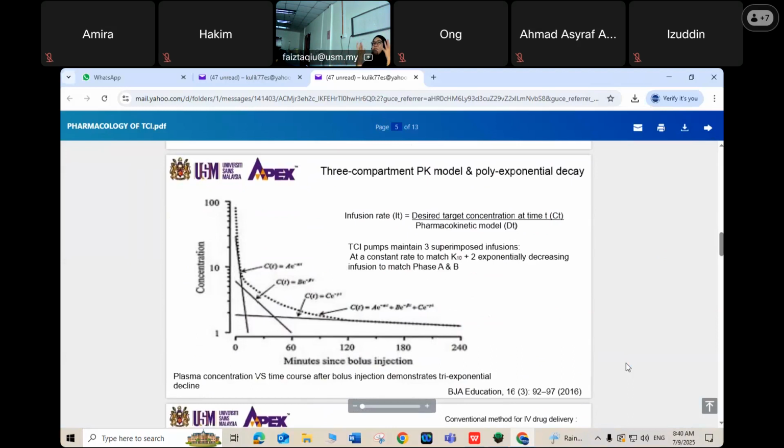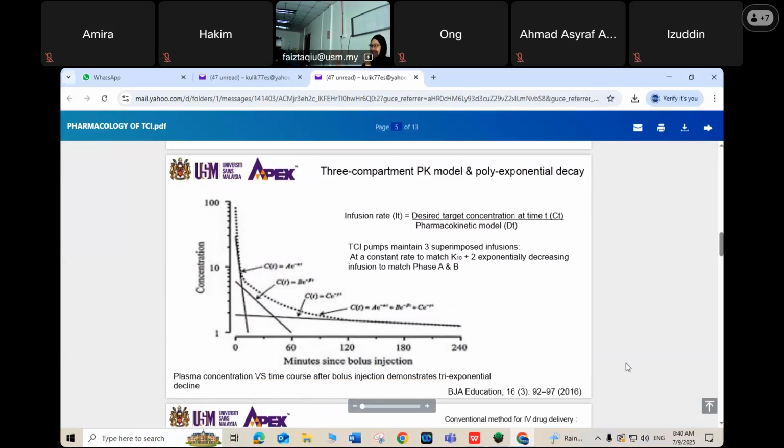And then from the V1, where does it go? It goes to the V2 first, very good. So that K12, okay. And then V3, K31. But in between that, there will also be transfer from the V2 to V1. So you will also have K21. We don't know how much. That is calculated by the machine.